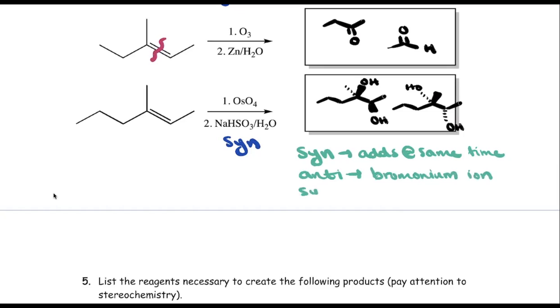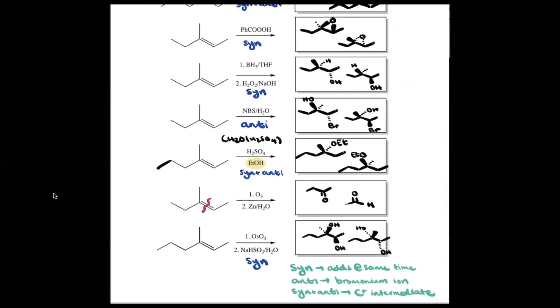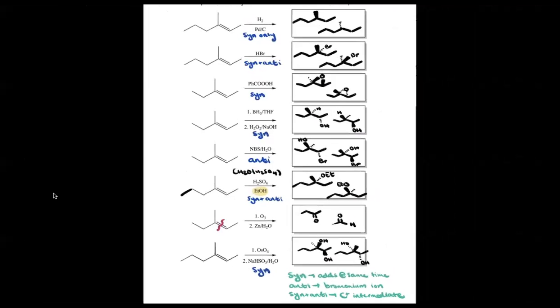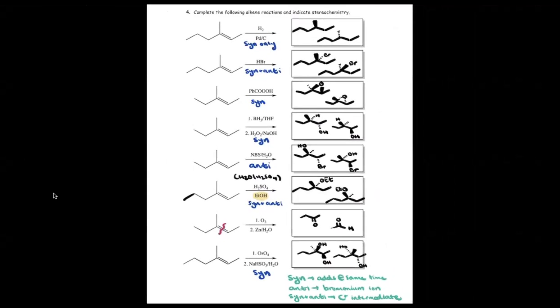And then syn and anti, those undergo a carbocation intermediate. So that's how you can see what it does based off of the mechanism. Cool. Any questions on this?